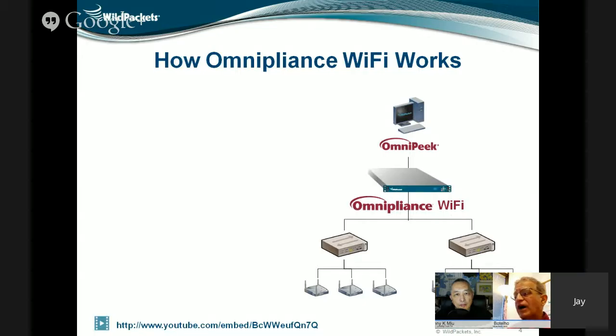What Omnipliance Wi-Fi is about has several aspects. Number one, it's going to solve the problem that we just talked about by capturing packets from access points in the network rather than from USB devices. That takes away the mismatch of capabilities, where I could have a USB client device that's most likely not as capable as my access points.